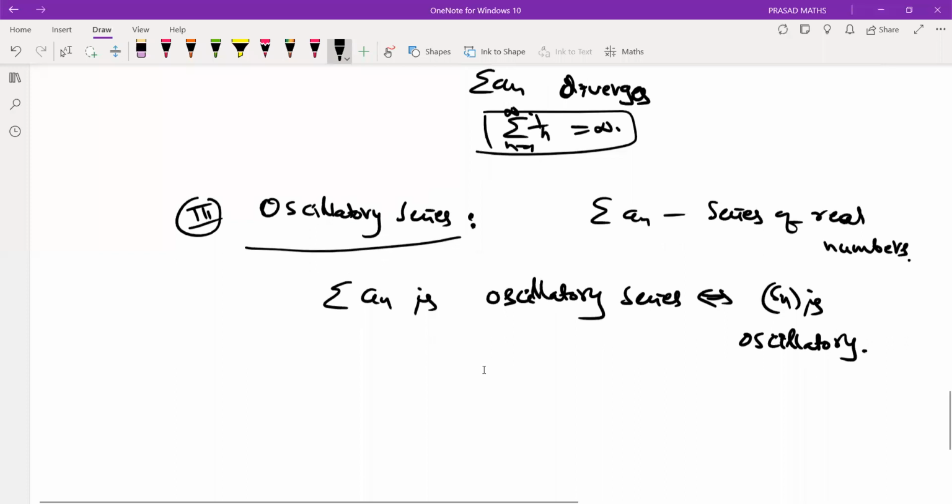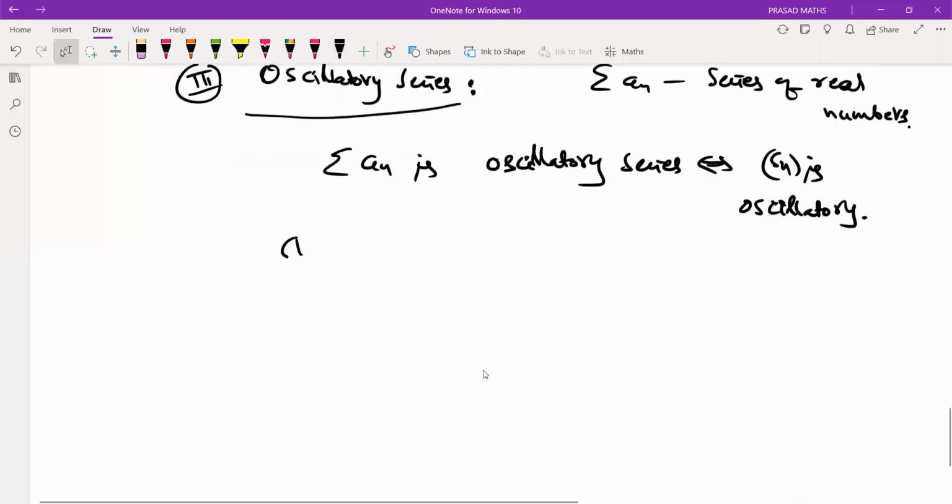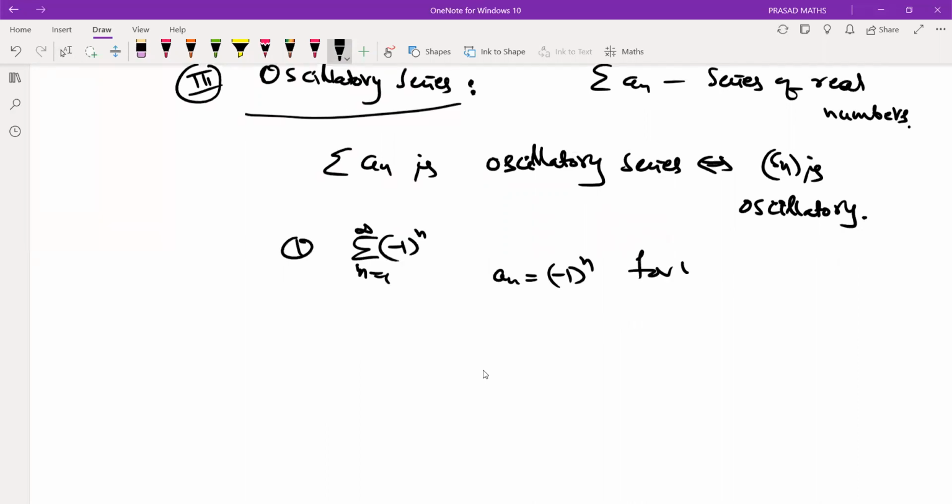Suppose you take an example. There are a lot of examples. Suppose you take the simplest example, the summation of (-1)^n. So what is my a_n? My a_n is (-1)^n, for n equals 1, 2, 3, 4 going on.